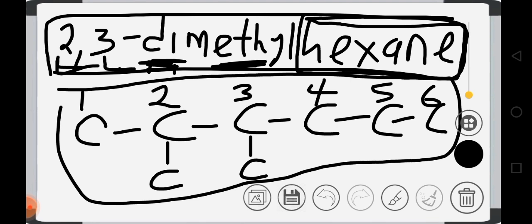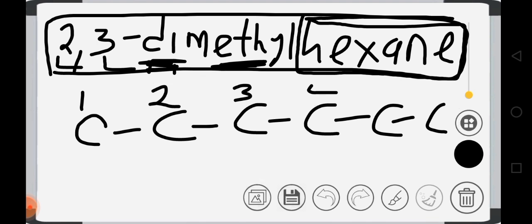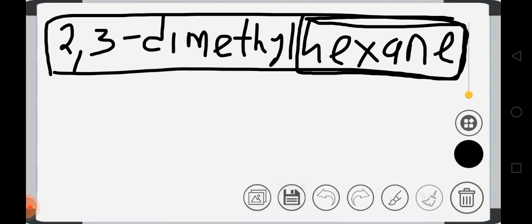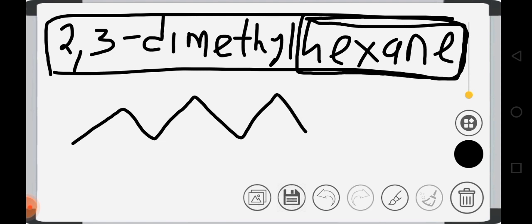And you can also do it this way. It's also possible to do it this way. In case you see something like this, you first of all draw 1 carbon, 2 carbon, 3 carbons, 4 carbons, 5 carbons, 6 carbons.